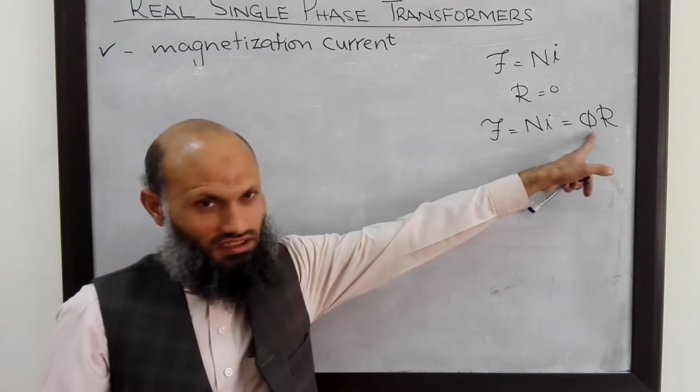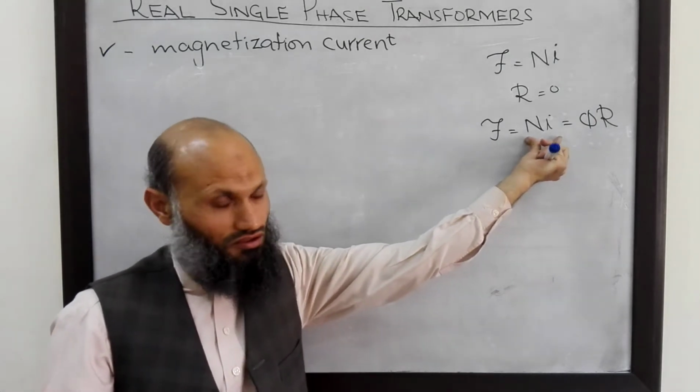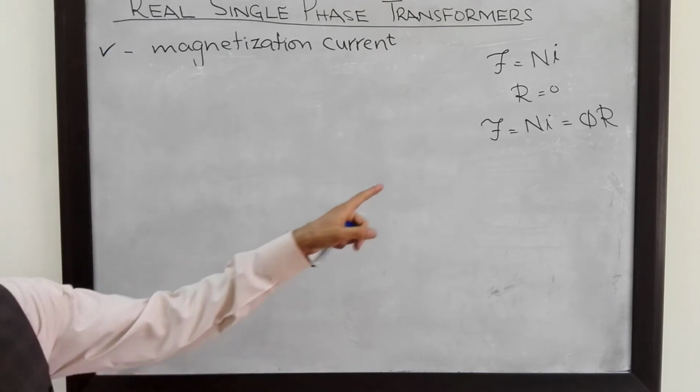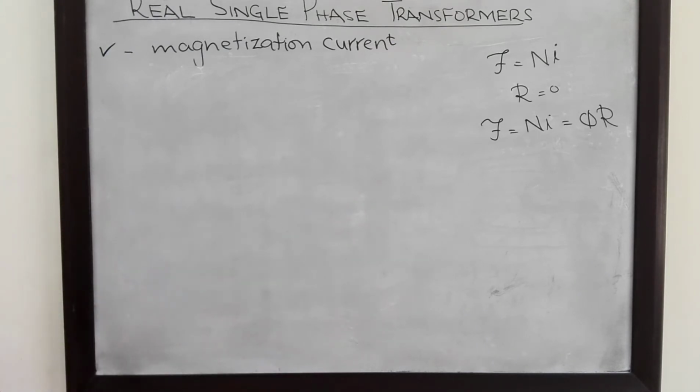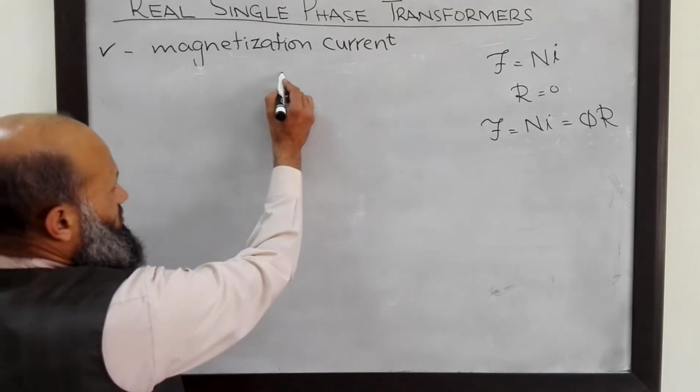Whatever the flux, since reluctance is 0, MMF is equal to 0. That is, the current required is equal to 0 for an ideal transformer. However, for a real transformer, the situation is different. We have already talked about the magnetization curve.